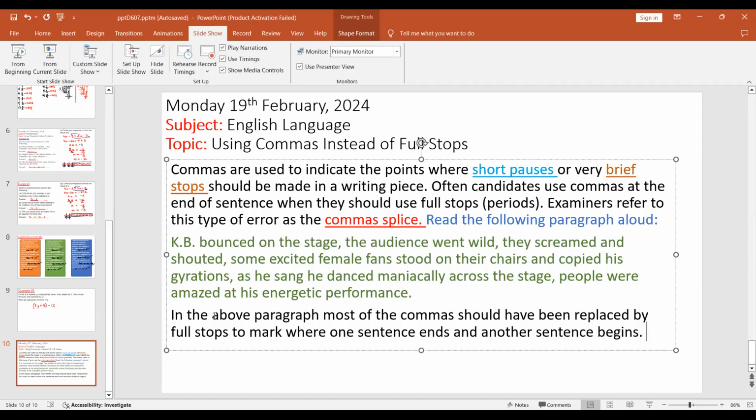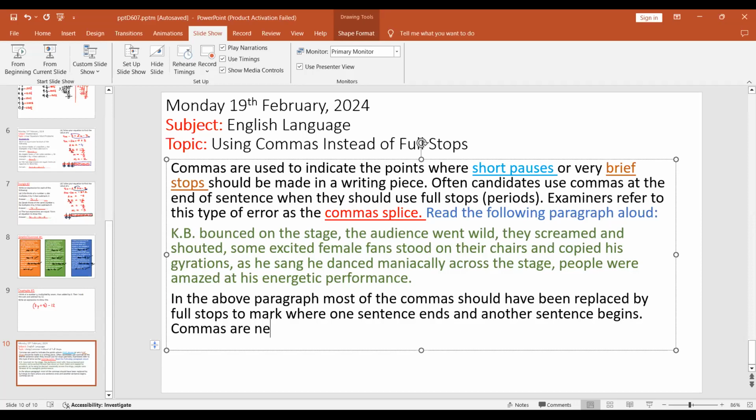So what is the name of the error that happens in writing where we put a comma where a period should be? What's the name of that error? Comma splice. Very good. Comma splice.